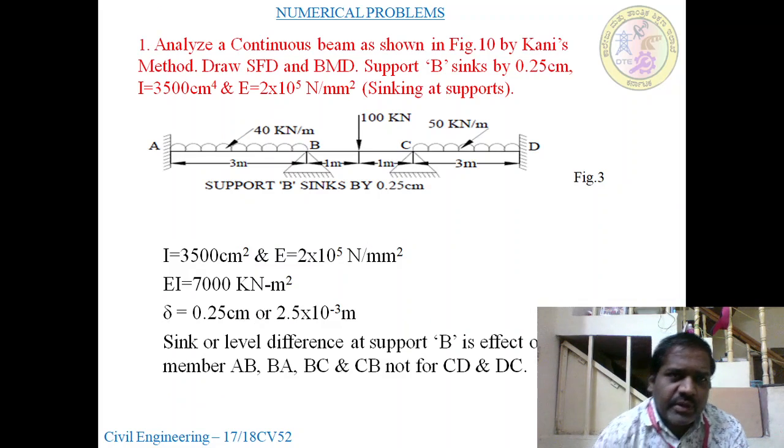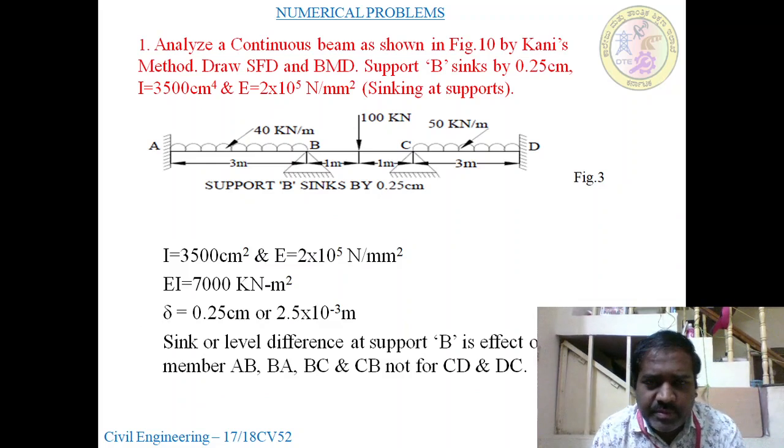So now here we have to analyze a continuous beam by Kani's method. Here the support B sinks by 0.25 centimeter or 2.5 mm. I is equal to 3500 centimeter to the power 4 and E will be 2 into 10 to the power 5 Newton per mm square.